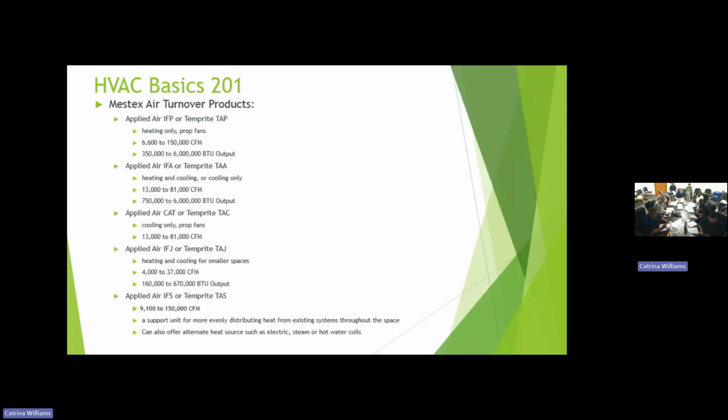Put an IFS in there, just as the air turnover approach only, to move the air. It solves the problem. Their heaters work great then, and the heat gets through the complete space. It's a unit you need to move the air, but we can also put all the heat sources in there, electric, steam, hot water. So if you don't need gas heat, we can use the IFS and put all the heat sources in there.